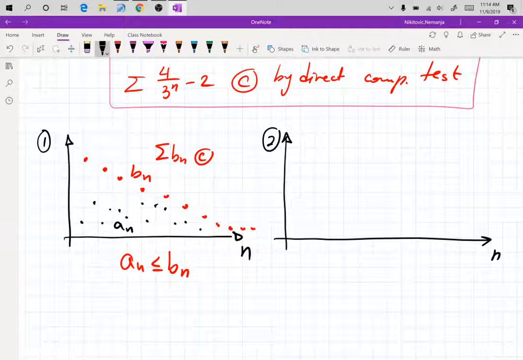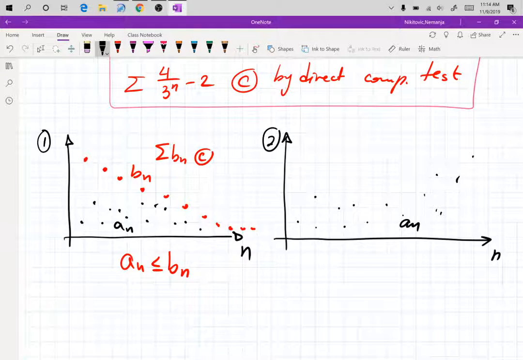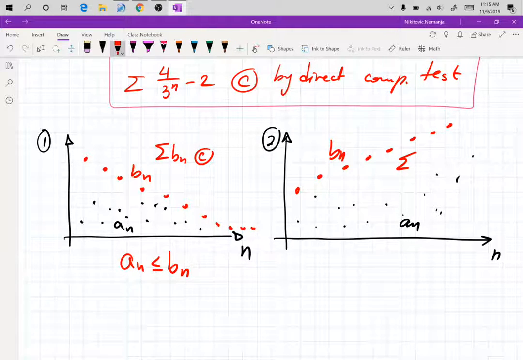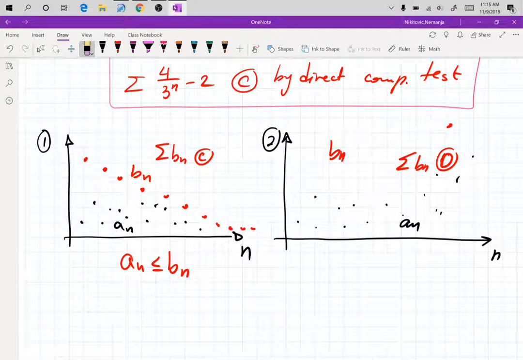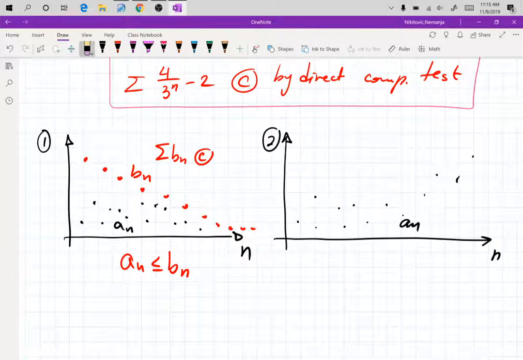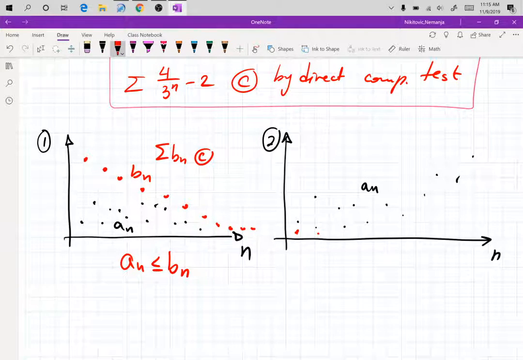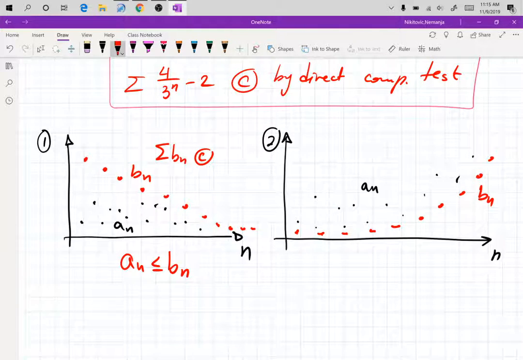Now on the other side, you have again this an that is all over the place, and now you are coming up with some bn, but that bn in a summation is going to diverge. I'm supposed to draw this one underneath, so let me put the an here. You draw this one underneath because you want this one to be divergent.